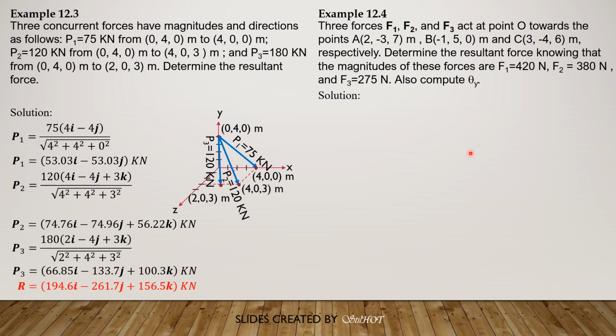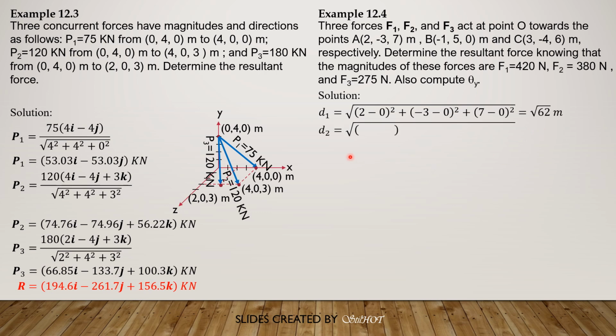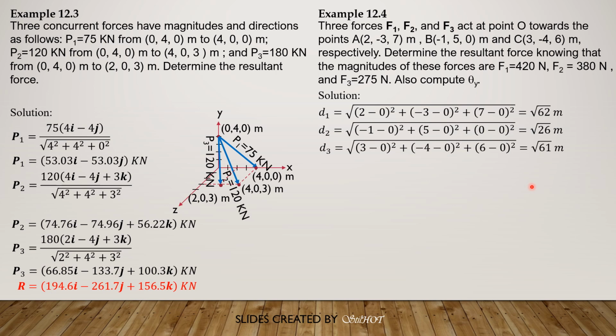So for F1 in vector form, that would be 420 times the quantity. The distance is the square root of 2 minus 0 squared plus negative 3 minus 0 squared plus 7 squared. That would be distance 1, square root of 62. Distance 2 is the square root of negative 1 squared plus 5 squared plus 0 minus 0 squared, so that would be square root of 26 meters. And distance 3 is the square root of 3 minus 0 squared plus negative 4 minus 0 squared plus 6 minus 0 squared, so that would be square root of 61 meters.